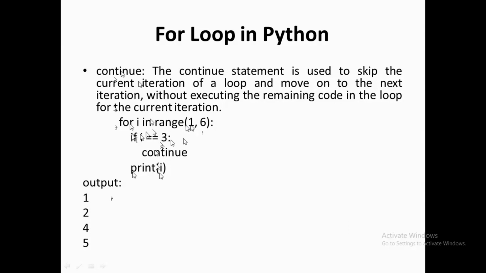So next i will be 2, and 2 is equal to 3 is not true, so 2 will be printed. Then it will once again be incremented. And if i is equal to 3, true, so continue. The continue statement means it won't execute this print statement, it will come back once again for checking the condition.